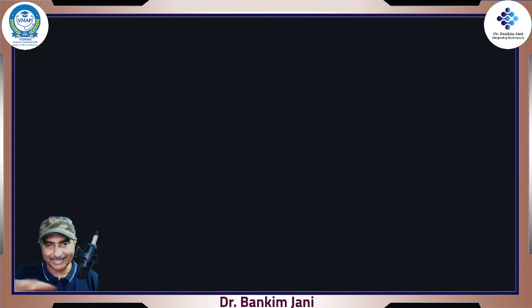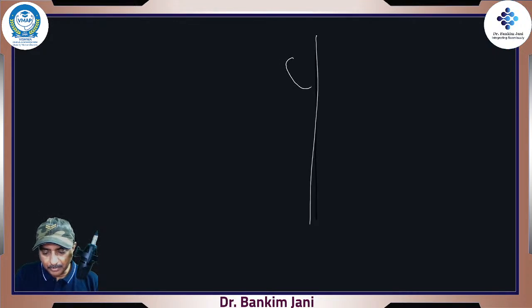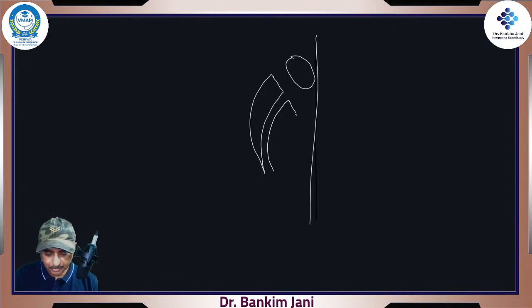Now, if you draw a section, let's say this is the center line. Anteriorly over here, you'll see the caudate nucleus, then this would be the putamen, and over here the globus pallidus.